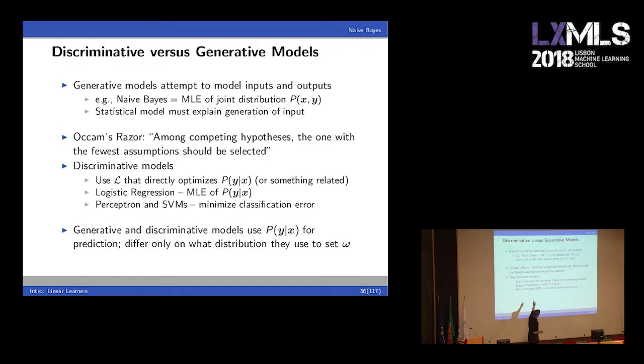And that's what the models we will look at in the following all do. Logistic regression does maximum likelihood estimation of a conditional probability, not the joint. And the perceptron and the support vector machine minimize the classification error. They minimize exactly the error that you want to minimize for your application at test time. So they don't do anything more involved.